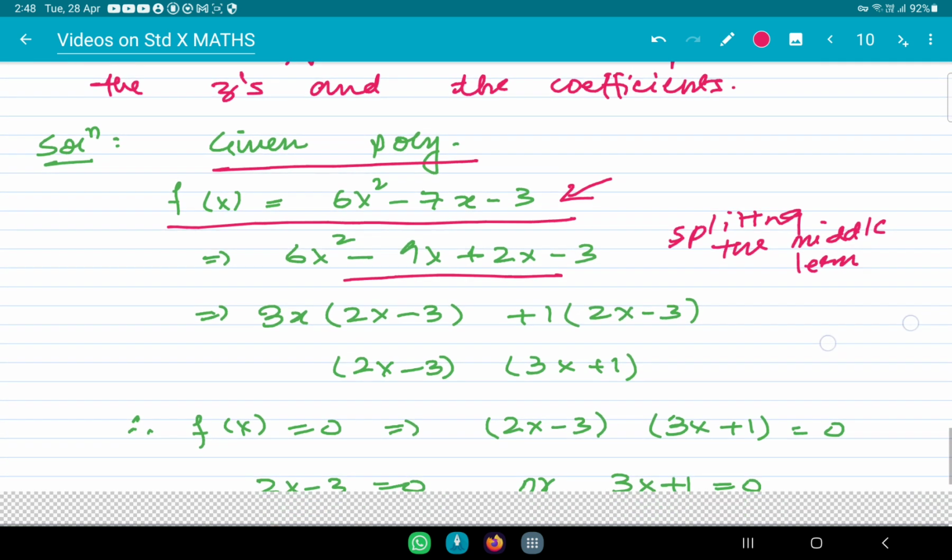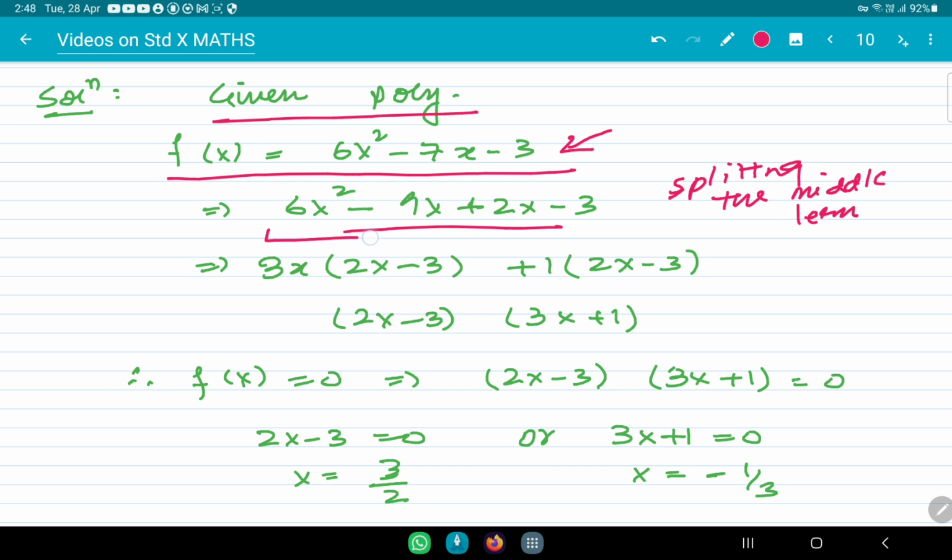Okay. So now from 6x square minus 9x, we can take 3x common, so inside it 2x minus 3. And here nothing is common, but we can always take 1, so plus 1 as common, so 2x minus 3.